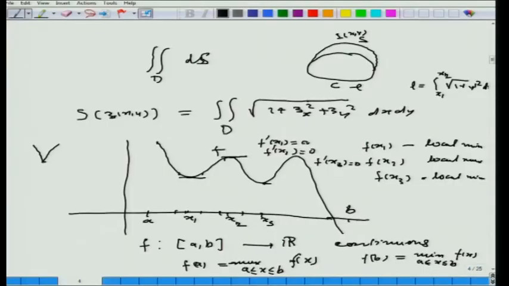And at other interior points, if the function is smooth, then we just check the equation f prime x equal to 0 and solve for those x such that f prime takes value 0.